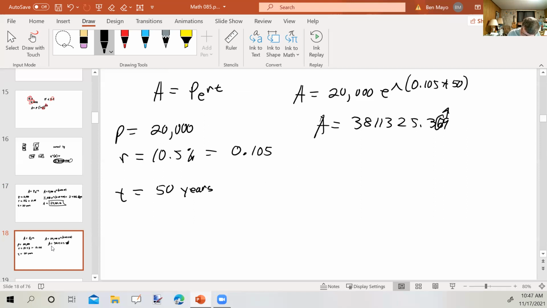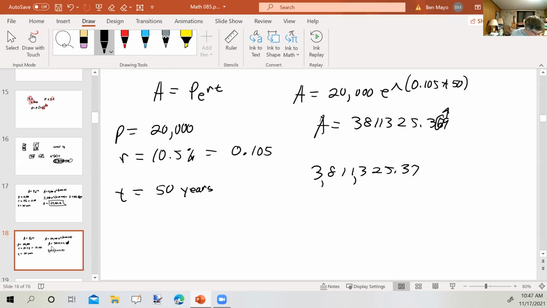The 9 would round up, so 3,811,325.37. Any questions on that?